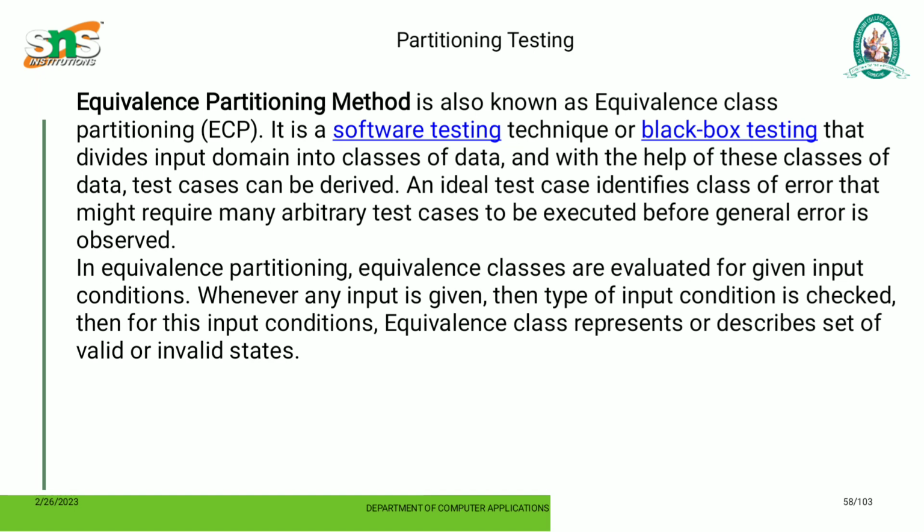An ideal test case identifies a class of errors that might otherwise require many arbitrary test cases to be executed before a general error is observed. In equivalence partitioning, the equivalence classes are evaluated for given input conditions. Whenever an input is given, the type of input condition is checked.